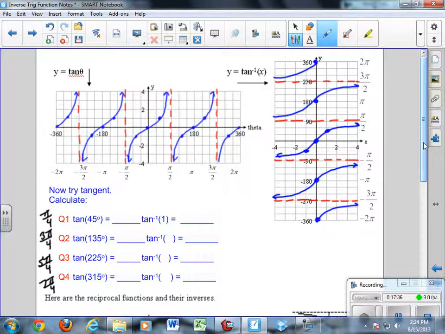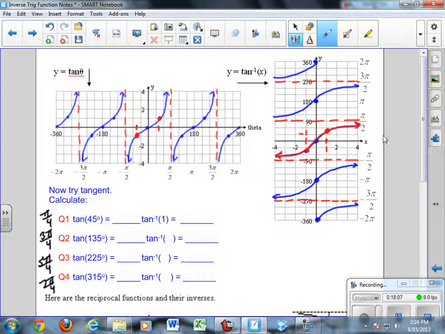Positive pi over 4 is right here on the graph, and negative pi over 4 is right here. That corresponds to these 2 points on the inverse function. When I put in 1, I got positive pi over 4. When I put in negative 1, I got negative pi over 4. So the section of the graph that the calculator will use for the inverse function, or that is defined to be the inverse function, is this center section of the graph, which makes sense.